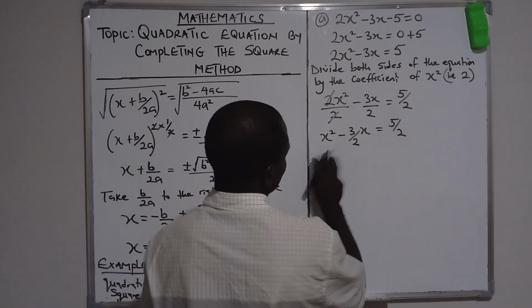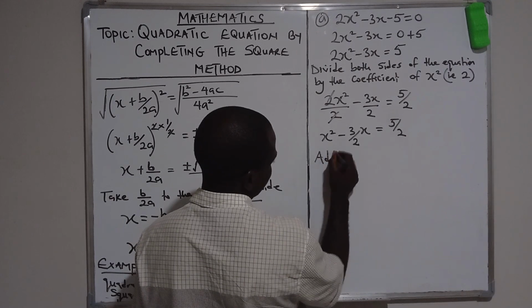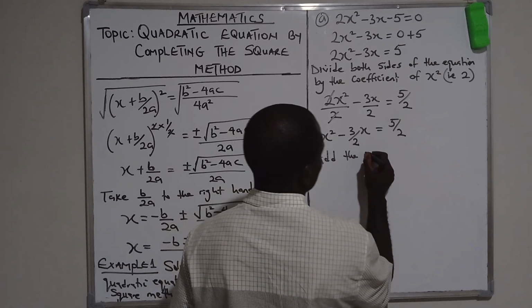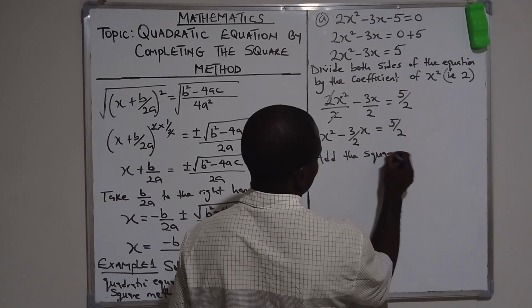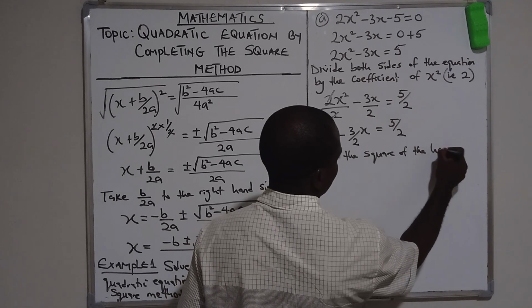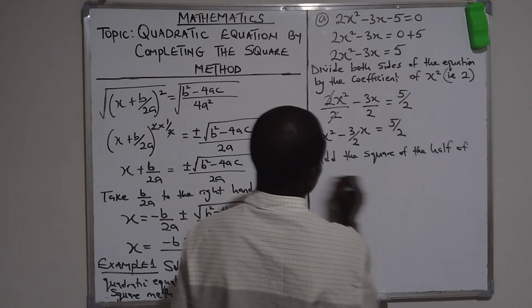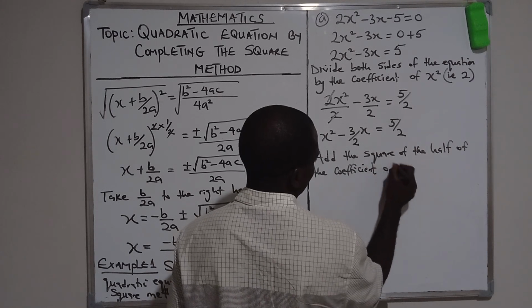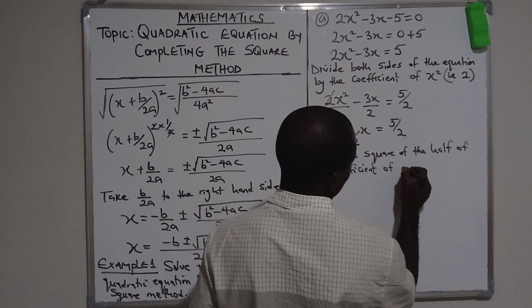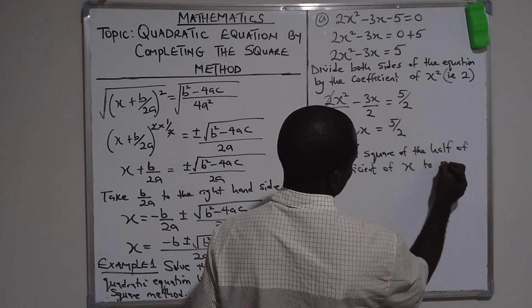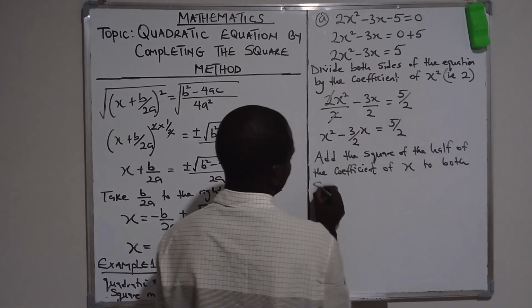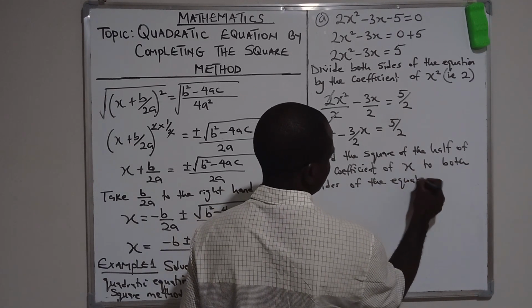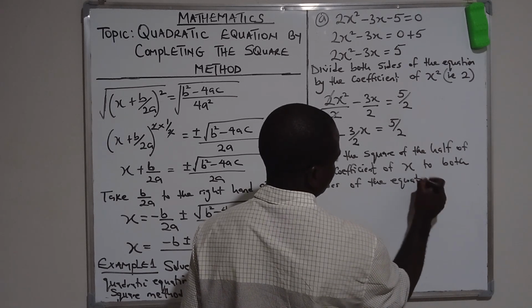In this case, you now add the square of the half of the coefficient of x to both sides of the equation.